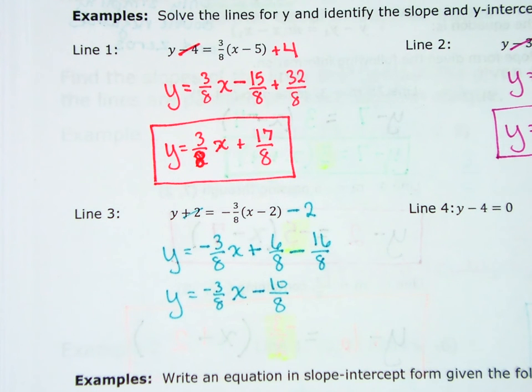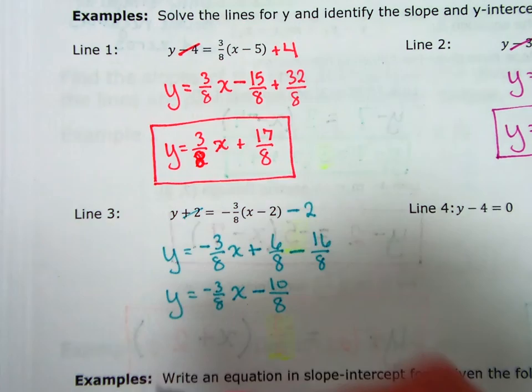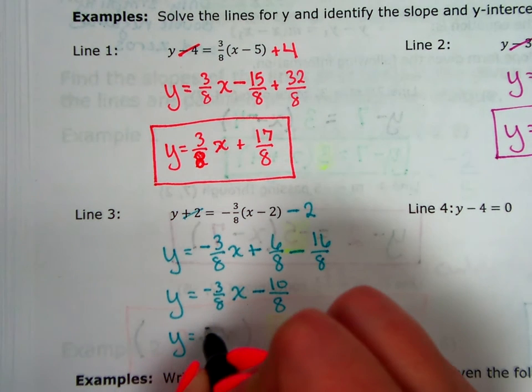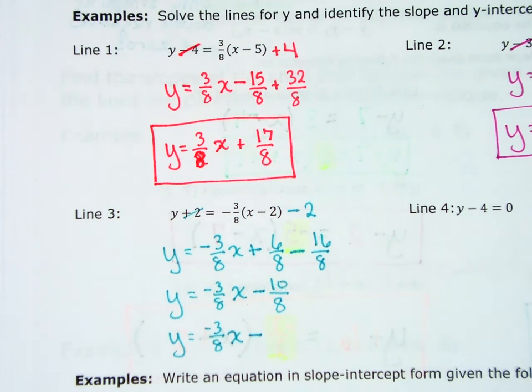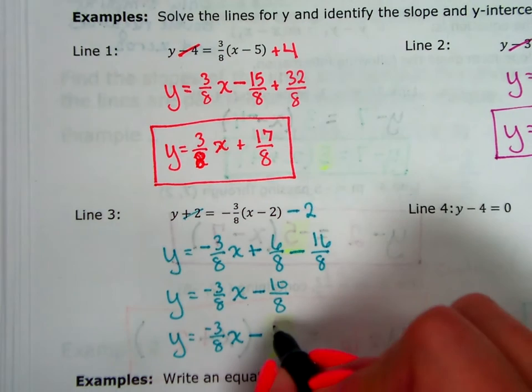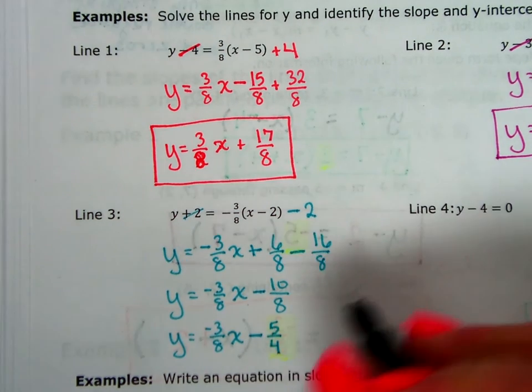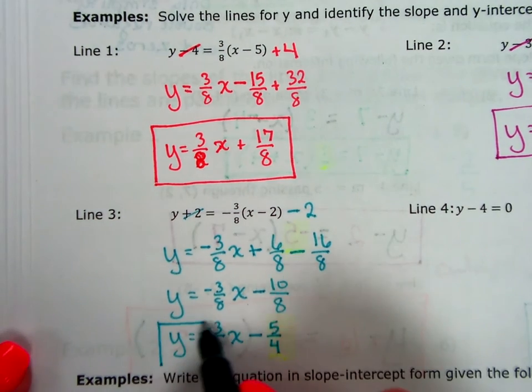So that one I am going to have to rewrite one more time because I need to reduce that fraction, because 10/8 is reducible or simplifiable. Y equals -3/8x minus, what is 10/8 reduced to? 5/4.